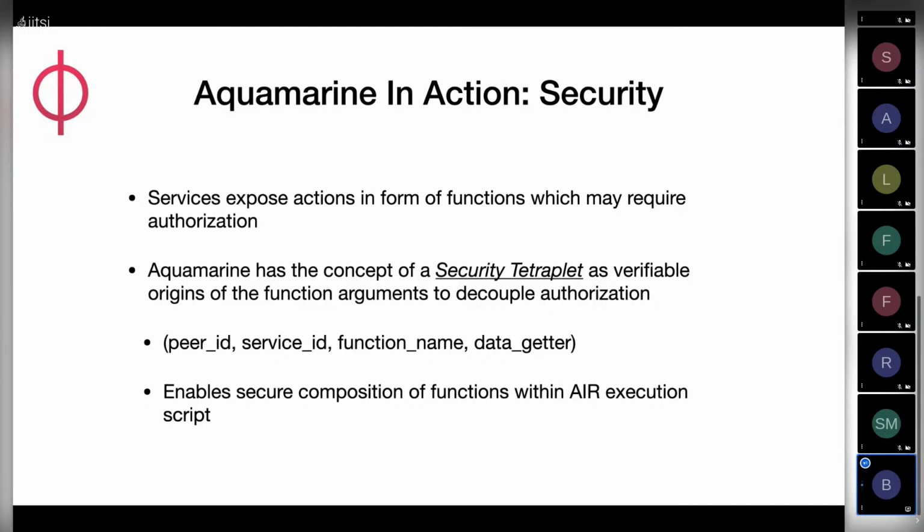That's pretty much what you get out of the box with Aquamarine, even though you can extend this very significantly. The core concept in Aquamarine is that of a tetraplet, which is basically the peer ID, the service ID, the function name, and the data getter. And that allows you to enable secure composition of functions within Air.